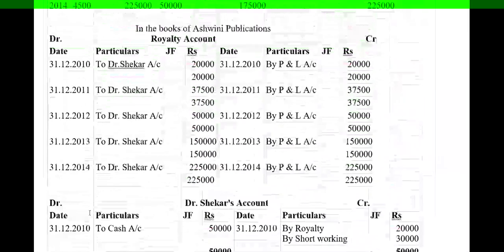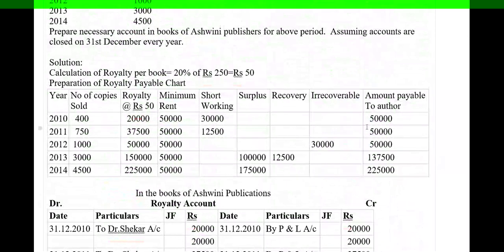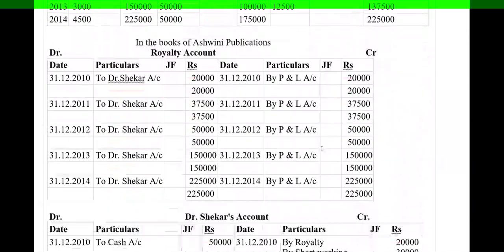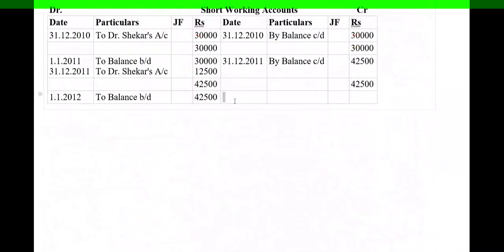Now you see the chart, there is a recovery of short working of rupees 30,000 which is a loss to the publisher, which is transferred to his P&L account. So on 31st 12 2012, when it is transferred to P&L account, then it will be profit and loss account debit to short working. So short working account is credited by P&L account. So here it is 30,000.